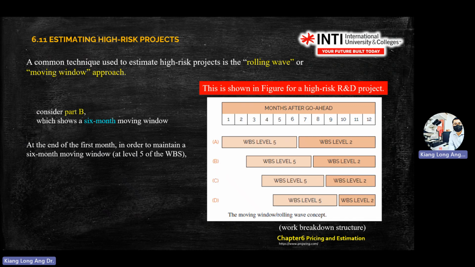So in order to maintain a 6-month moving window at level 5, they estimate month 7 must be improved from level 2 to a level 5 estimate. So here they shift the window a little bit compared to the first case.